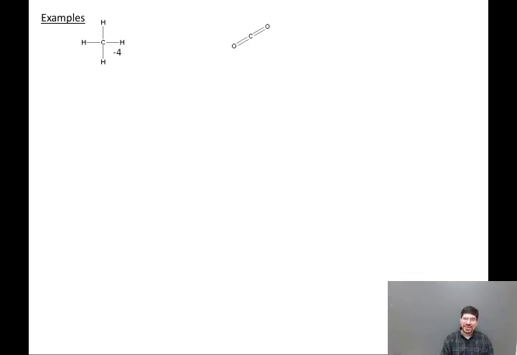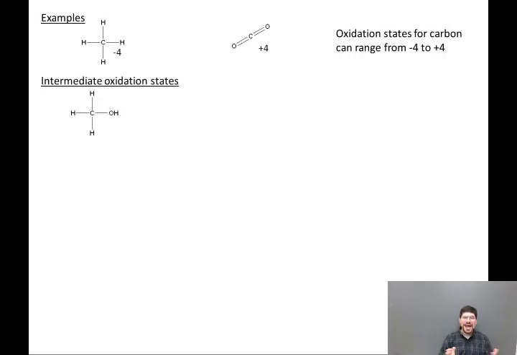In carbon dioxide, carbon is forming 4 bonds to oxygen. When you have a double bond, you have to count each bond to oxygen as being separate. So there are 4 total bonds to oxygen, and therefore the oxidation state is +4, because of course oxygen is more electronegative than carbon is. So the oxidation state range for carbon is from -4 to +4.